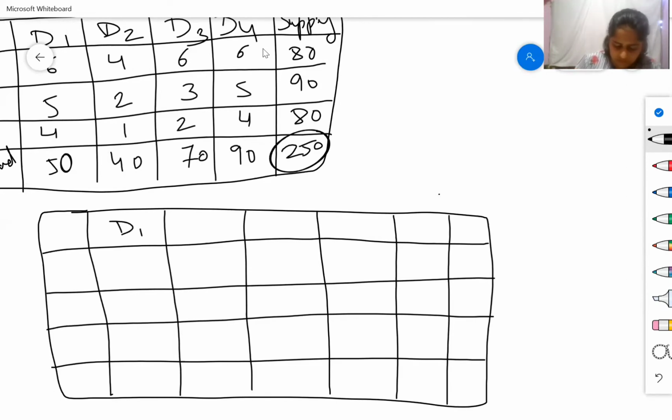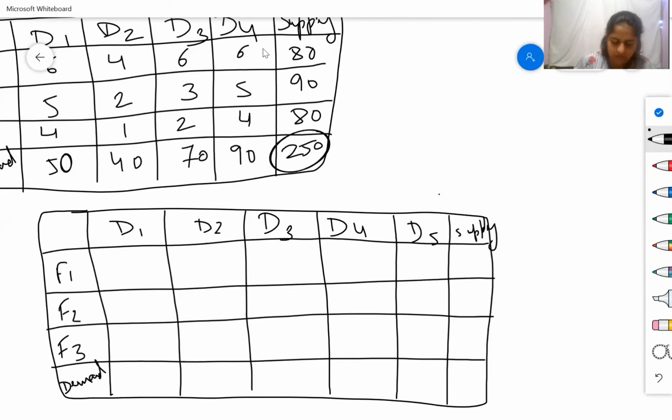We have destination 1, destination 2, destination 3, destination 4 and destination 5. Here we have supply. Here demand. We have factory 1, factory 2 and factory 3. As in the NWCM method I showed, we have to write the costs in the smaller box.